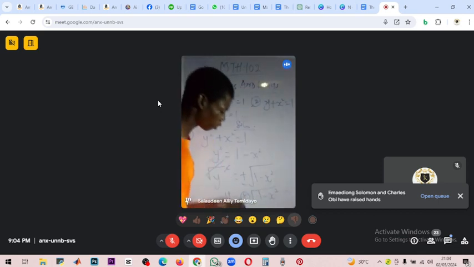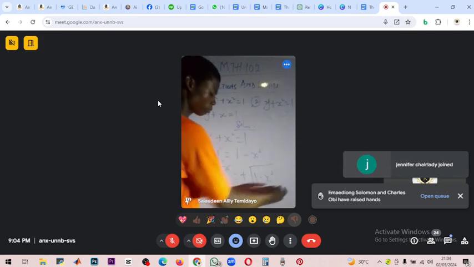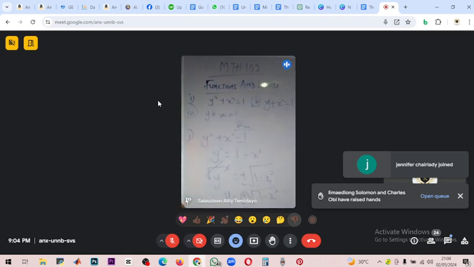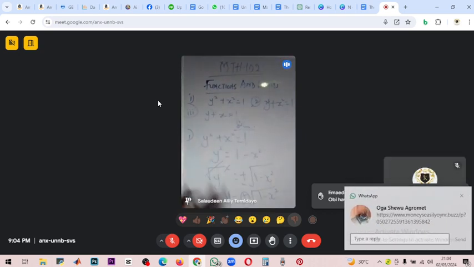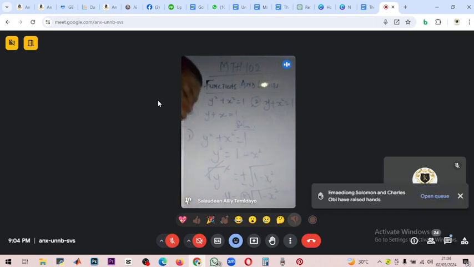So the first answer will be plus, the second answer will be minus. Those are two different answers for the value of y, and they can never be the same. So since y is having two different answers, we say that y is not a function of x.